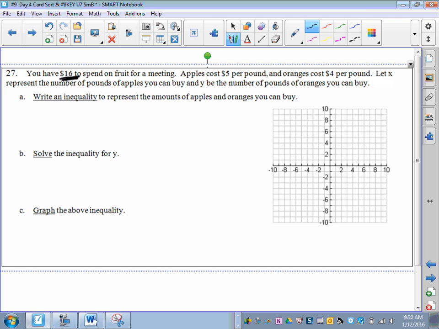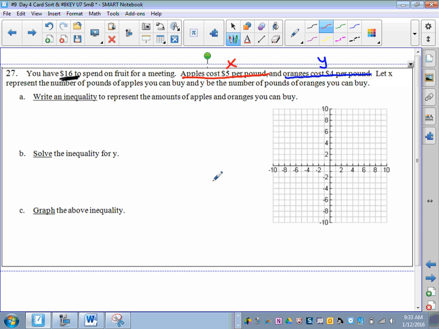That's my total amount. What variable represents apples? X represents apples. And what represents oranges? Y.